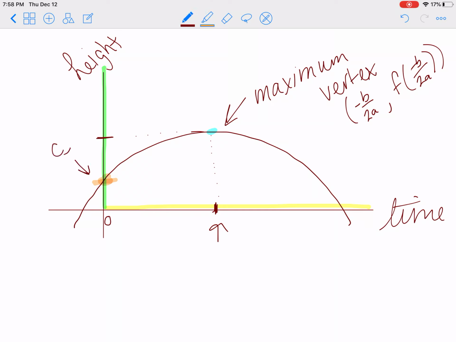C is the y-intercept. That makes intuitive sense if we think about a quadratic equation like ax squared plus bx plus c. If we replace the x's with 0, then ax squared becomes 0, bx becomes 0, so the only thing left is c, and that's telling us this spot, how high something occurred. Okay, so those are a couple of good pieces of information.